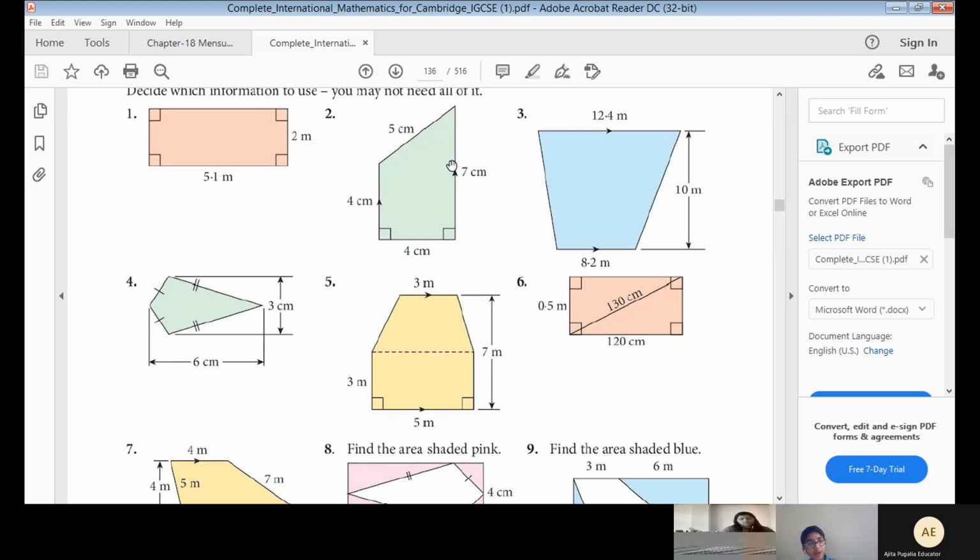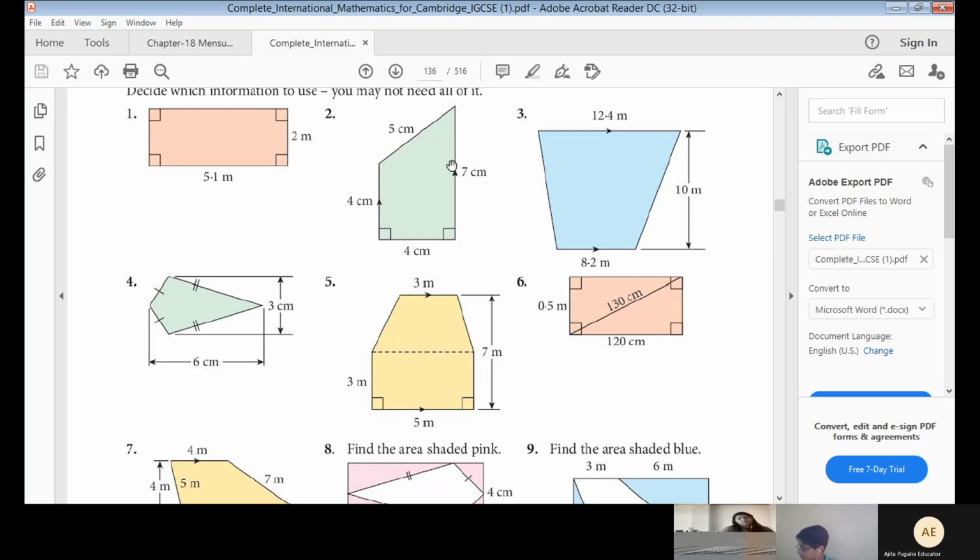What is the formula for a kite? It was 6 times 3 times 1 half? For a kite, the two diagonals multiplied times 1 half, right?